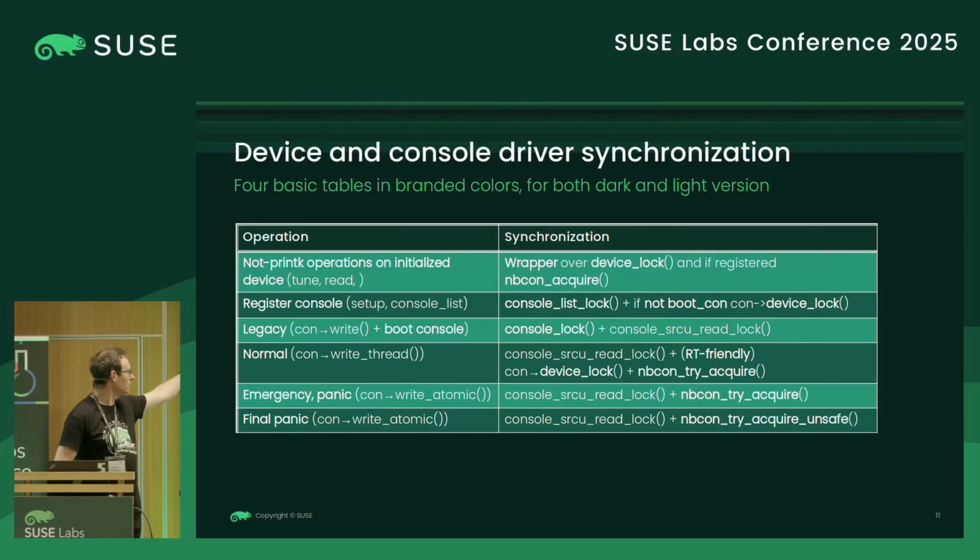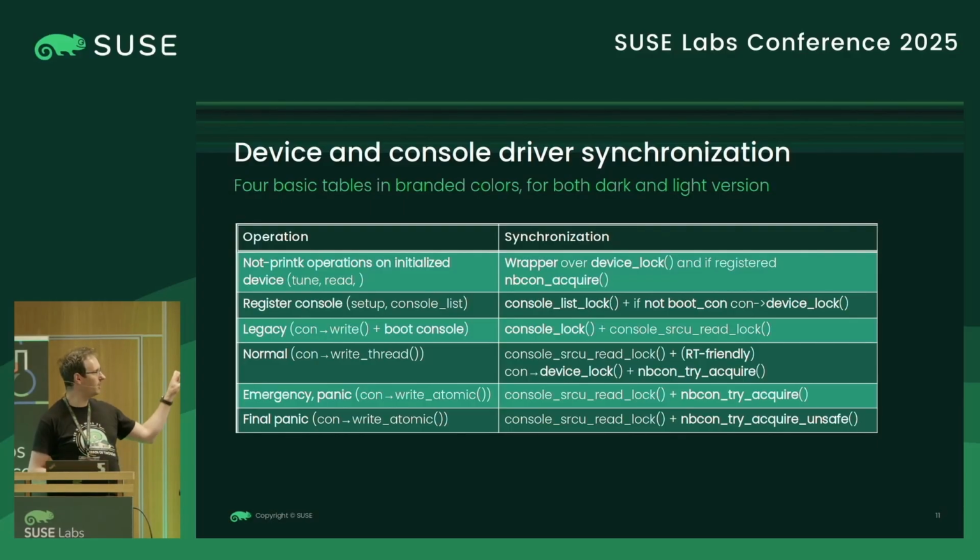And the last three lines are used by the converted console drivers, like in normal console. The console driver has two callbacks. One is write thread, which is to be used in a context where it can be schedulable, and it actually must be schedulable in RT.